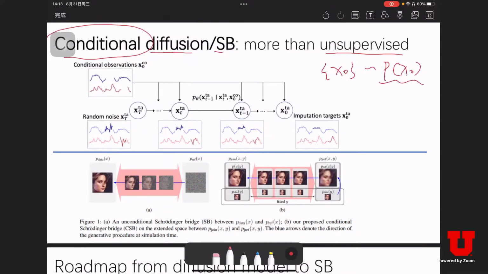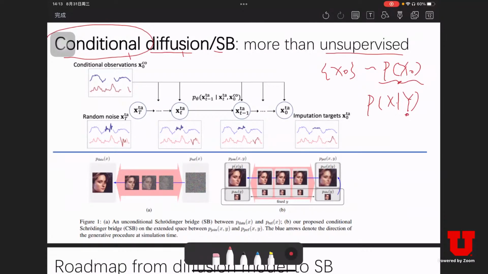However, for the more general case, we are interested in supervised learning. So how do we use conditional diffusion or the conditional Schrödinger bridge to handle supervised learning?